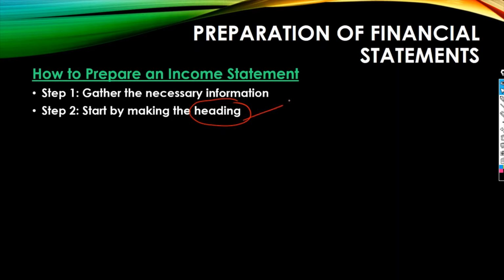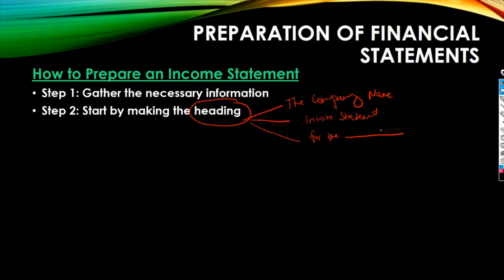The heading is the company name. Next is the title, which is the income statement, on the second line. And lastly, the date, whatever accounting period it belongs to.